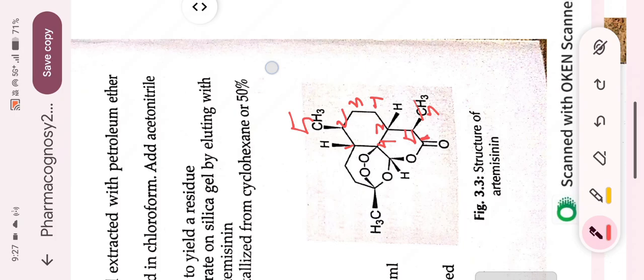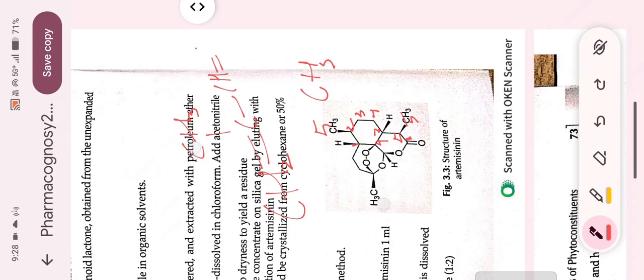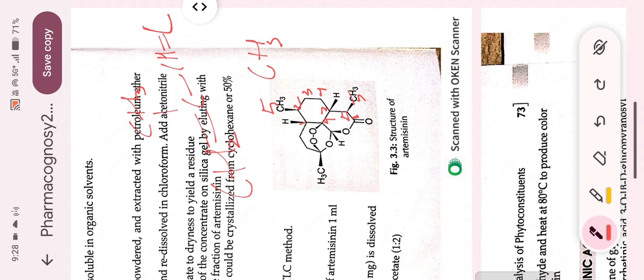This first carbon of isoprene is like CH3, right? Like we will be having CH2 double bond CH3, CH double bond CH2.